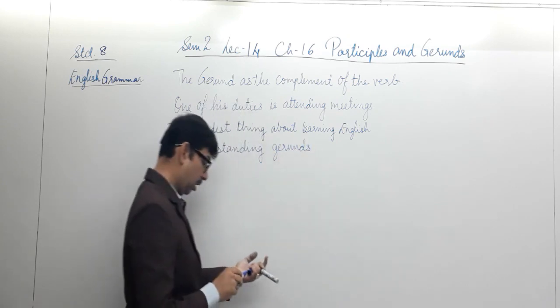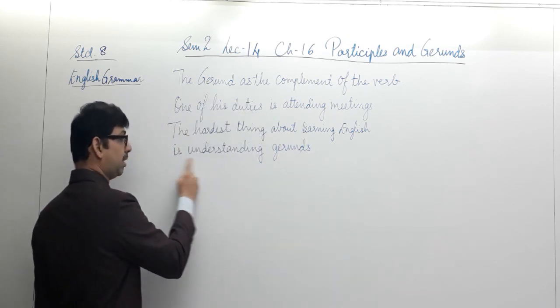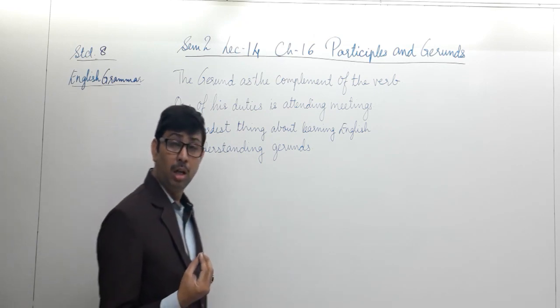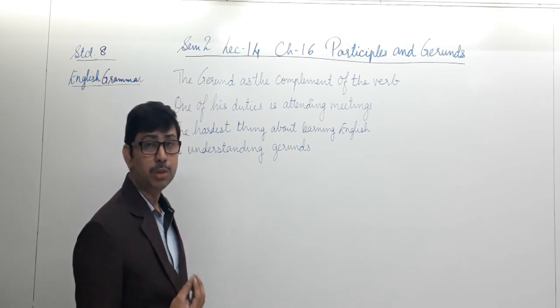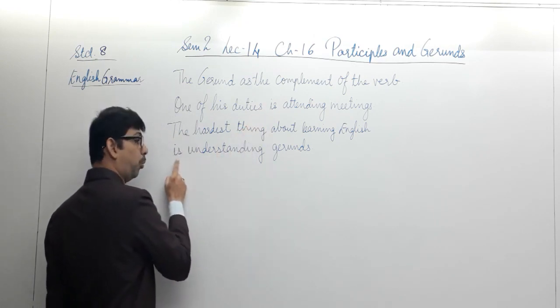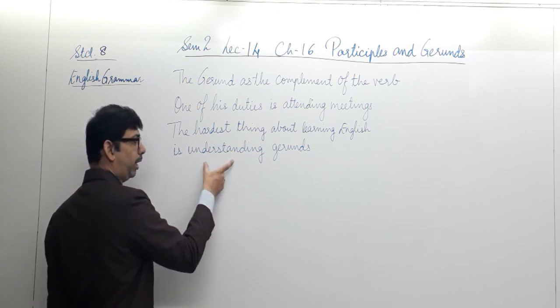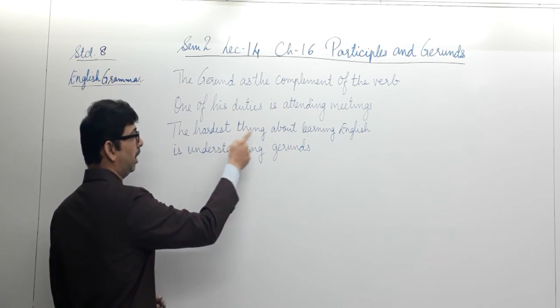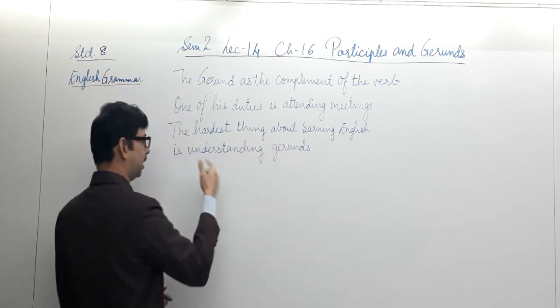Well, you see, we have the word is understanding, where the word understanding appears to us as a present participle, the ing form of the verb, but it is used as a complement of the verb is over here. Therefore, it is acting in the role of a gerund over here. The hardest thing about learning English is understanding gerunds.